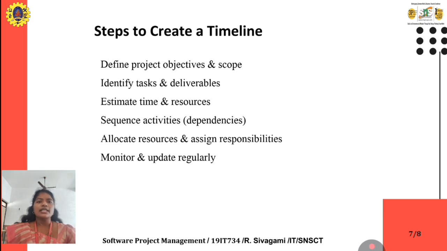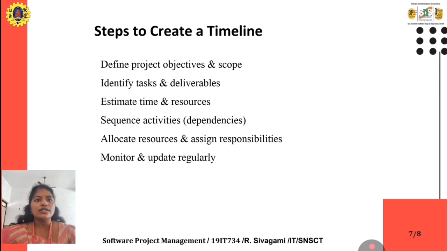It is the most important thing in every project. We should allocate our time and resources for that project before we start. Sequencing activities is most important because we divide our project into subtasks, so that sequence is very important.